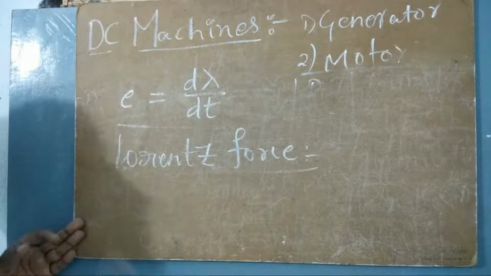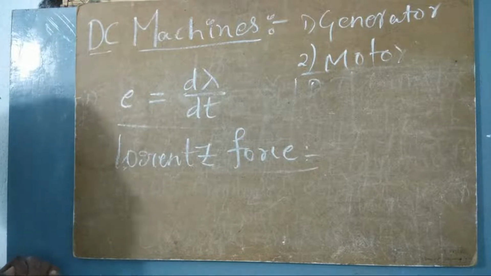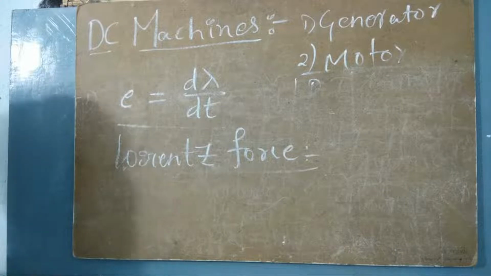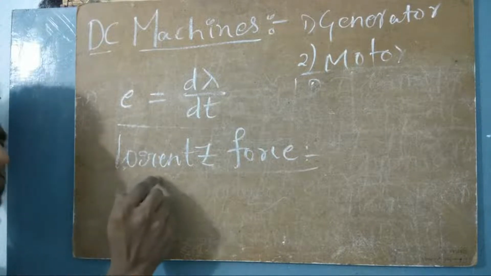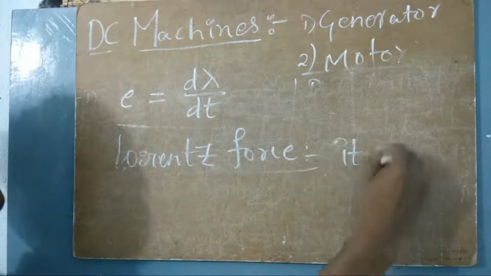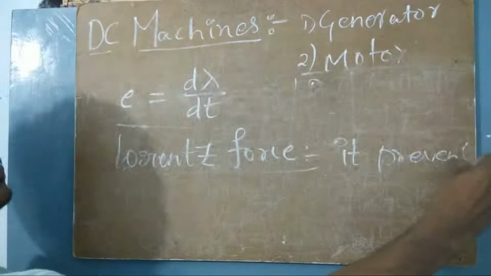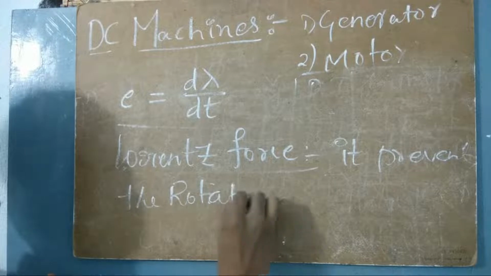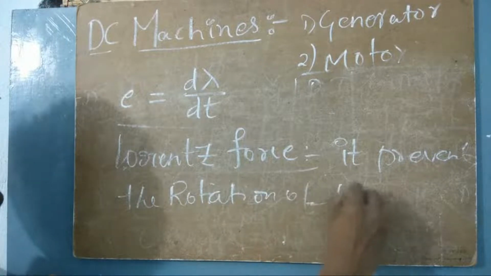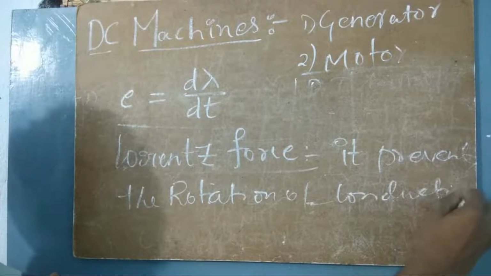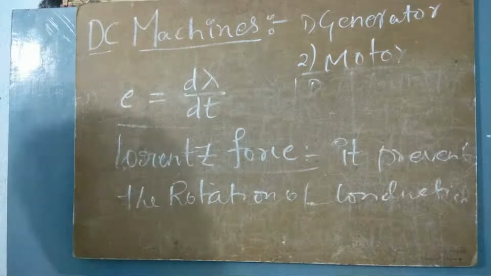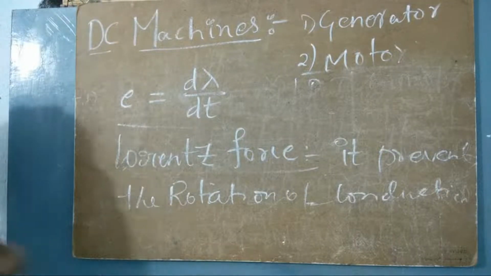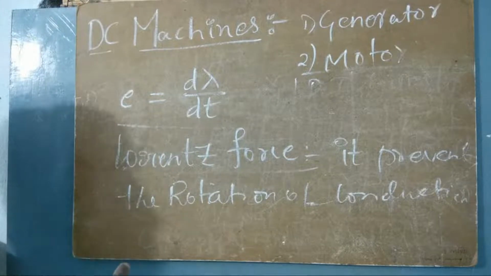The force that opposes the movement of the conductor is normally named the Lorentz force. The Lorentz force of action prevents the rotation of the conductor, because it applies an opposite force, it prevents the rotor part, the part which is moving, from rotating.